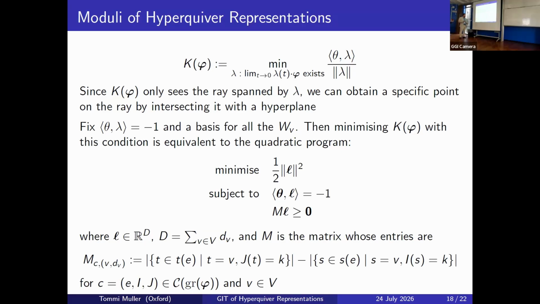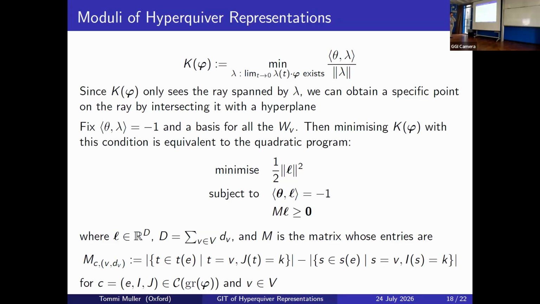Basically, we account for this by writing M L is greater than or equal to 0, where M is this matrix that just counts the multiplicity of how many times the target hits weight space K minus how many times the source hits weight space K. If you do M times L, you'll get that inequality of sum of weights at the target minus sum of weights at the source. So that's what we're doing here.